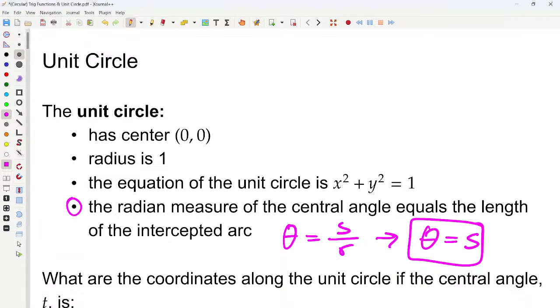Not the degree measure. 30 degrees is not equal to 30 steps. But remember, if I did a radius of 1 and I took 1 step, that central angle is 1. If the radius was 1 and I took 2 steps, the central angle is 2. If the radius is 1, the central angle and my steps, aka the arc length, are the same. So only on this circle, which makes it a cool circle.